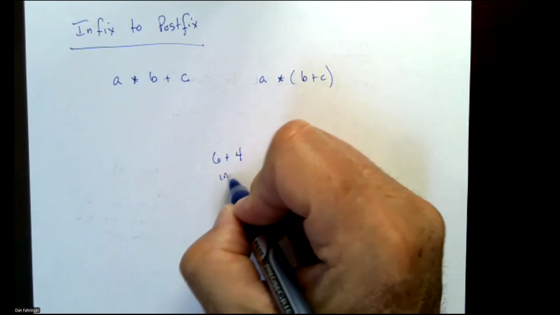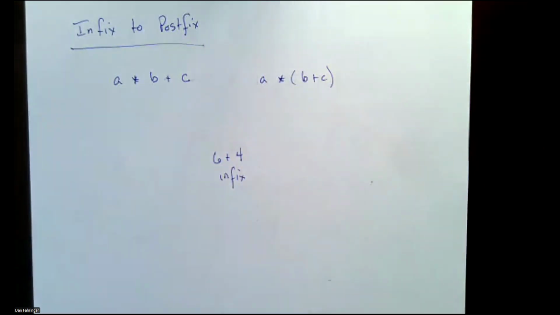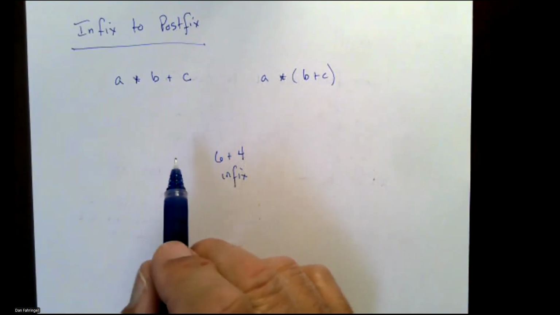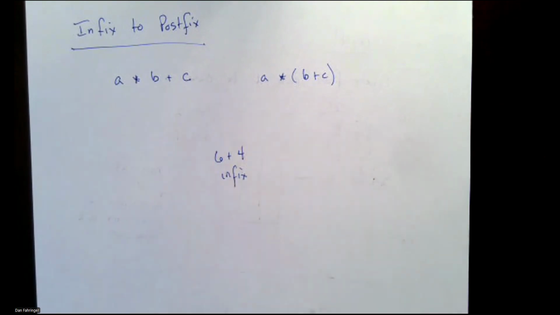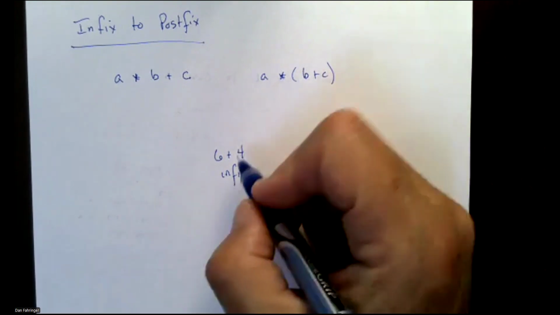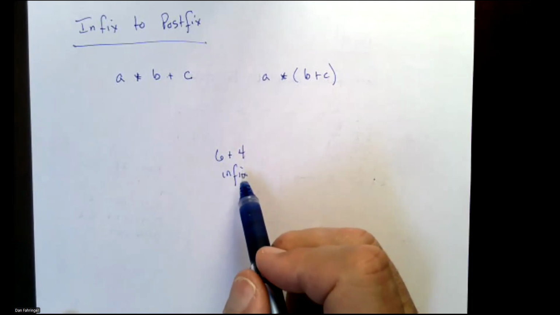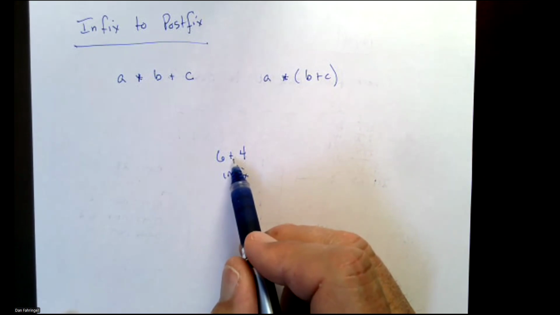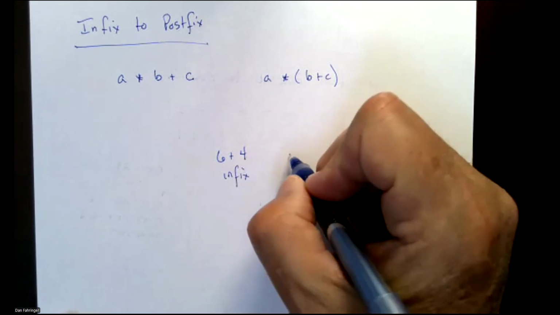We call it infix. There's a way that if we change this up, we can have computers solve big expressions. In order to do that, we need to change from infix, the operator being inside, to postfix.